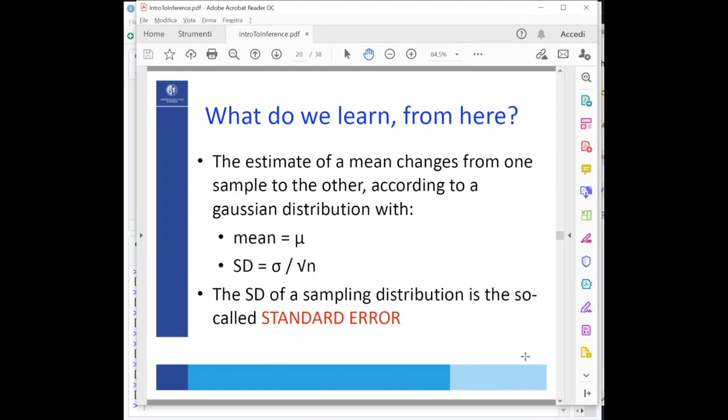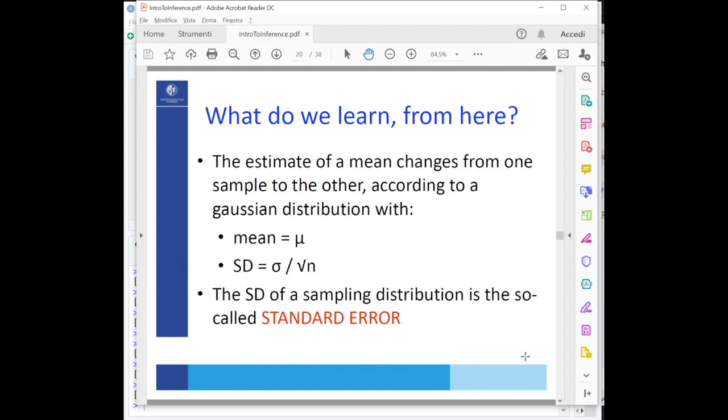Here we go. What do we learn from here? The estimate of a mean changes from one sample to the other, according to a Gaussian distribution where the mean is equal to the mean of the population and the standard deviation is smaller and it is equal to the standard deviation of the original population divided by the square root of the number of subjects in a sample.